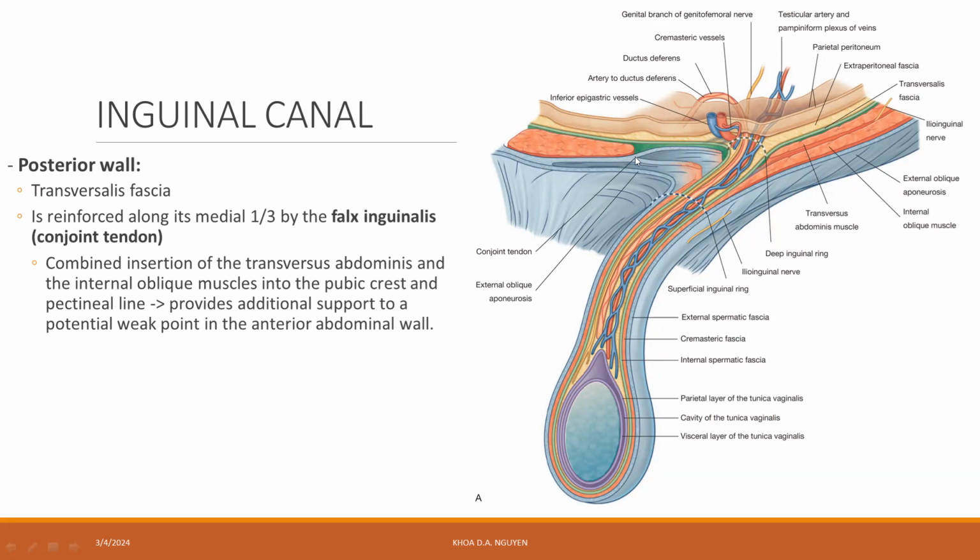Those two aponeuroses join up to become one tendon, also known as the falx inguinalis, or the conjoint tendon. The conjoint tendon is going to reinforce the medial third of the posterior wall of the inguinal canal.